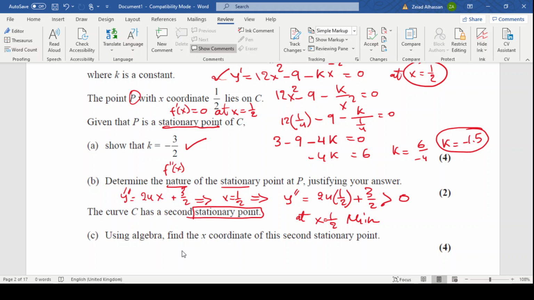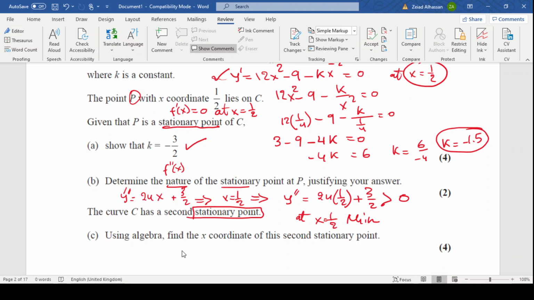So this becomes 24x power 4 minus 18x squared plus 3 equals 0. Let y be equal to x squared. That's your second chapter, how to factorize power 4.